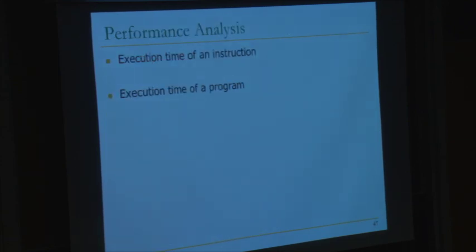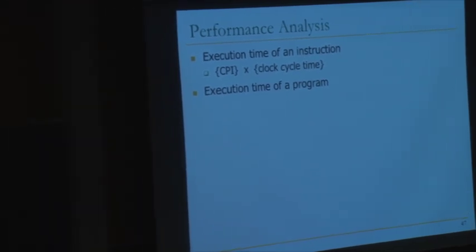Okay, let's get back to that performance analysis slide that we flash forwarded to early on. Remember, the execution time of an instruction is cycles per instruction times clock cycle time.